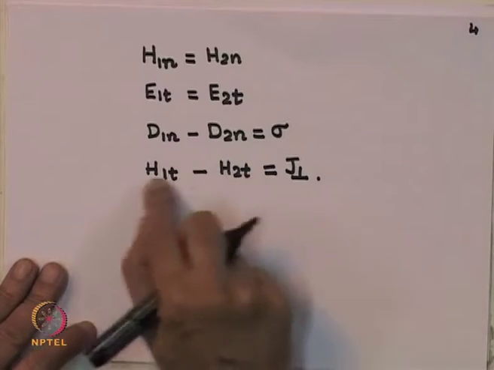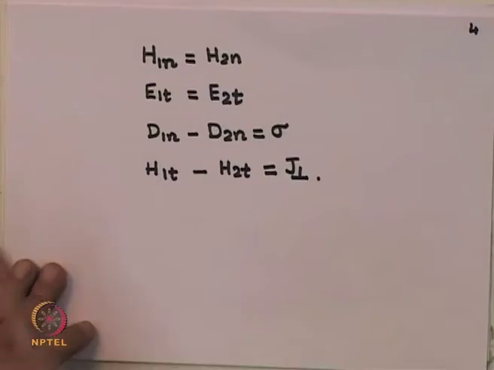Remember, when I say tangential direction, all that I know is it is on a surface. So, if you are matching a particular direction, J perpendicular is perpendicular to those.